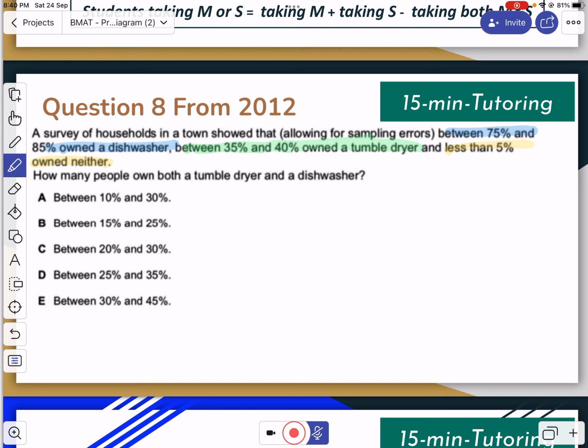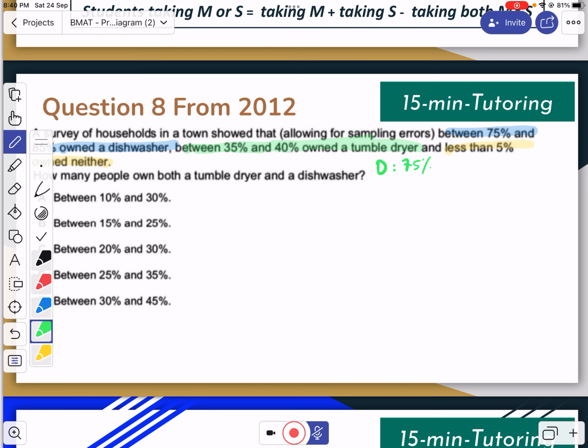Well, for this question, instead of giving you an exact number, like 75% own a dishwasher, they give you a range. So for dishwasher, I'll call it D. You have between 75% to 85%. And for tumble dryer, I'll call it T, 35 to 40.